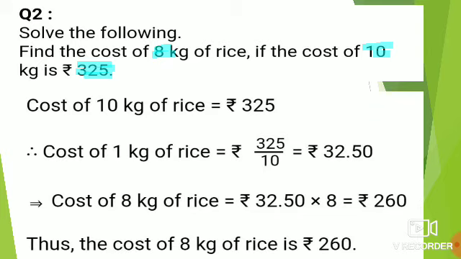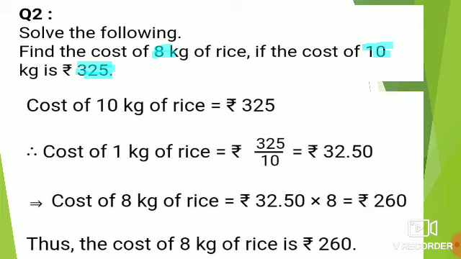Here also, the quantity, the rice, is given in kilograms, 8 kilograms and 10 kilograms, and the cost is also given for 10 kilograms. Again here you have to find out first the cost of 1 kilogram. From the 10 kilograms you have to find out the cost of 1 kilogram, meaning 10 to 1, many to 1.